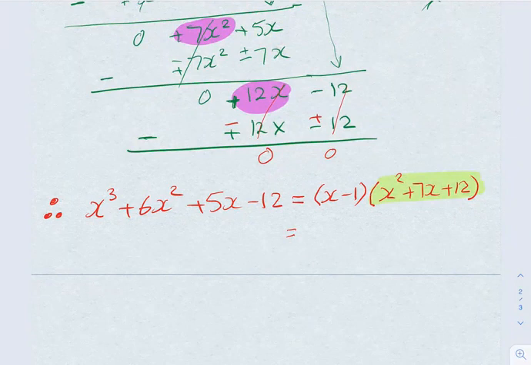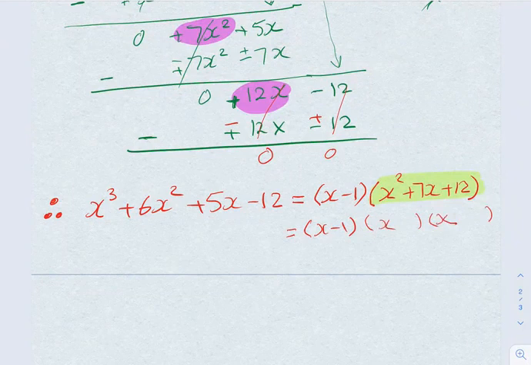So x minus 1 is the first one. Then x squared plus 7x plus 12 is two brackets, x and x. And the 12 is 3 and 4. If you multiply them, you get 12. If you add them, you get 7. So these are the right ones, x plus 3, x plus 4. So this is fully factorized.